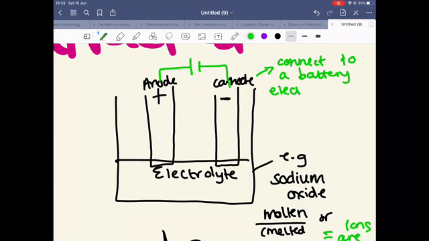And this symbol is how we draw a battery. How do we draw the symbol for a bulb if we wanted to show this in the diagram?